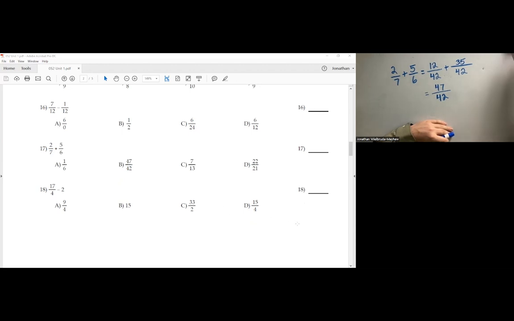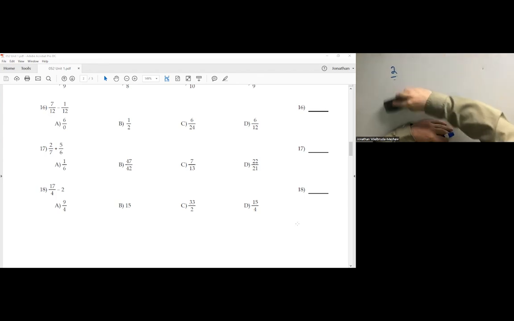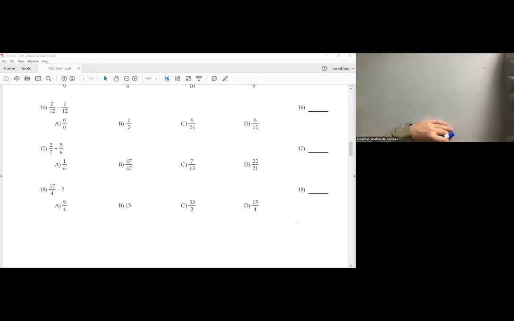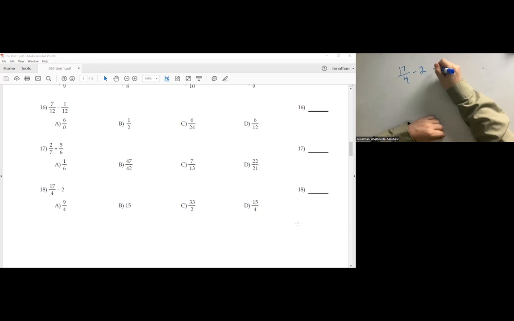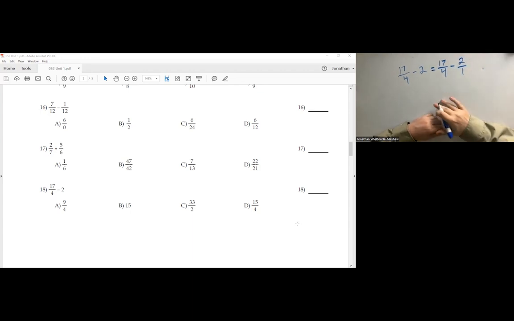Number 18. 17/4 minus 2. Well, keep in mind that 2 is 2 over 1.